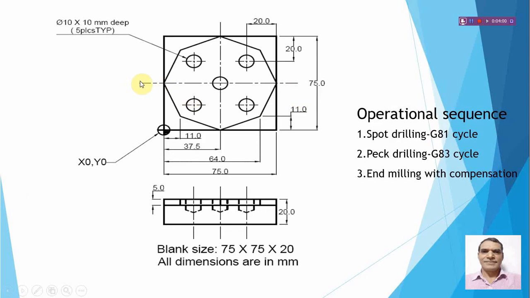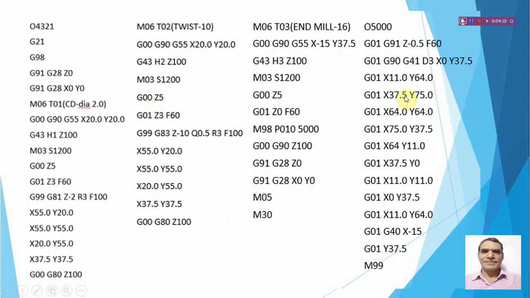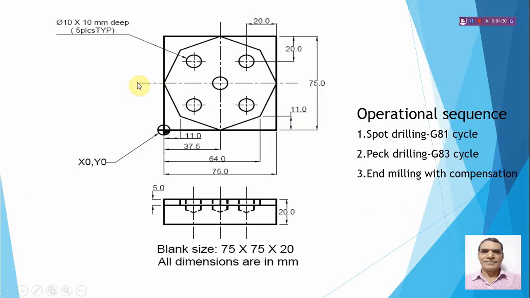We are keeping the cutter at this point, X minus 15 and Y 37.5. Tool length compensation G43, keeping the tool at minimum height, and then switching on the spindle. Bring down the cutter up to 0 level. Now the cutter is outside at X minus 15, Y 37.5 at 0 level.